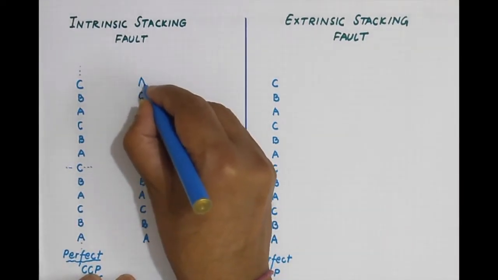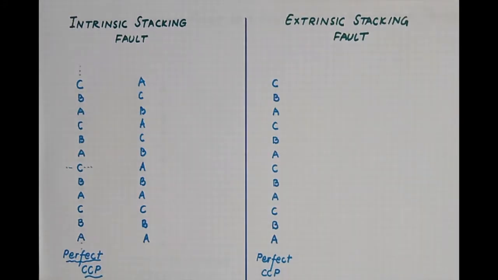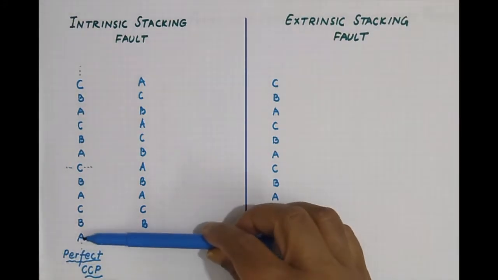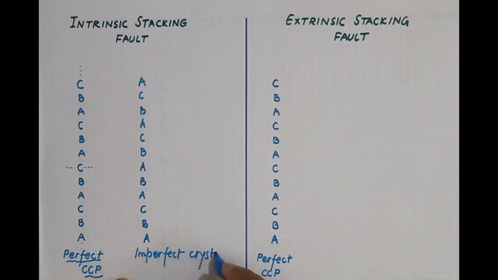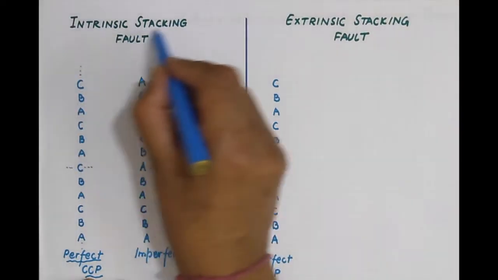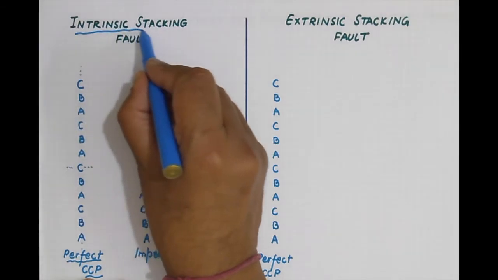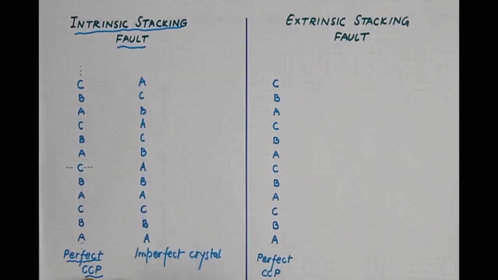So ABC, AB, here we have A, and then again AB, C, ABC, and so on. So you can see that for a perfect crystal, ABC stacking sequence was required, but now the imperfect crystal, or the crystal with defect, containing an intrinsic stacking fault is what we have created.